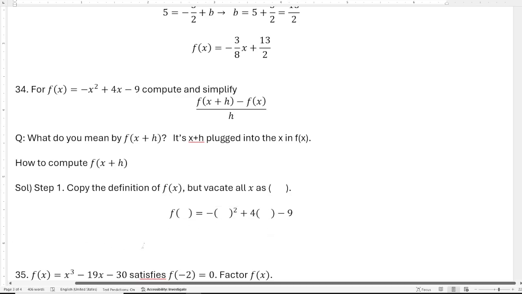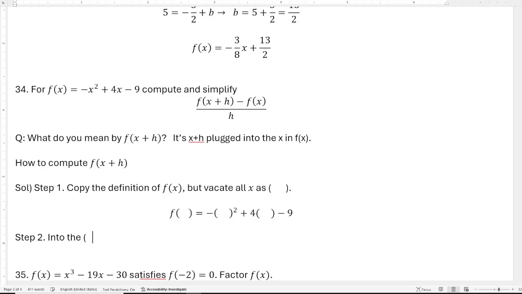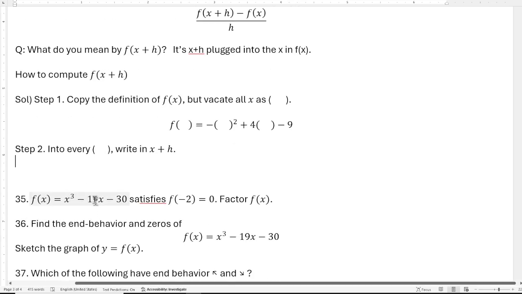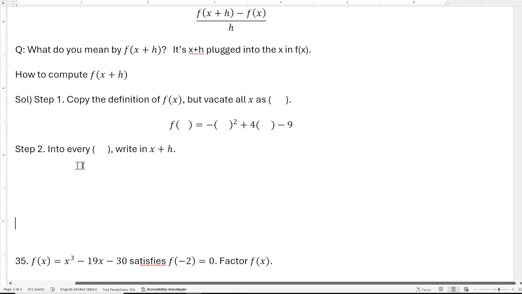That's step 1. And step 2, into every blank, write in x plus h. Alright, so you must remember these 2 steps and work accordingly.